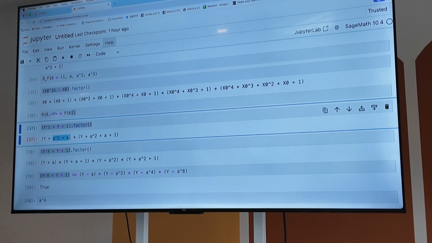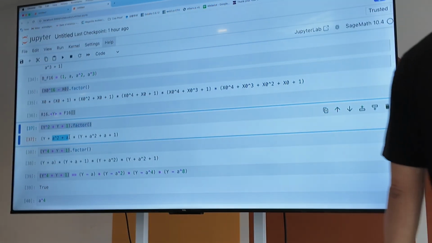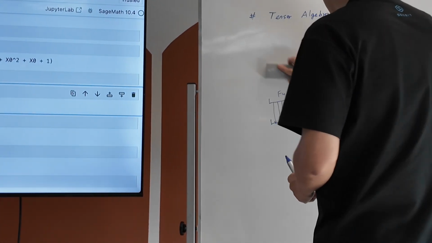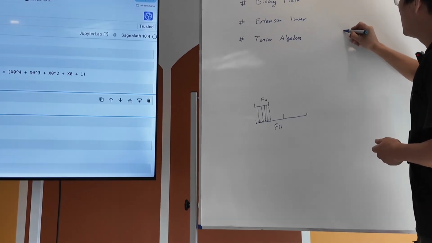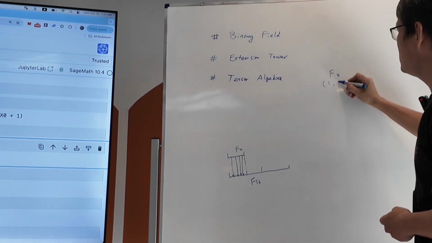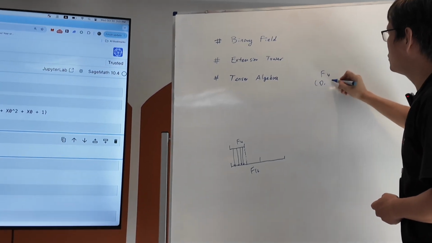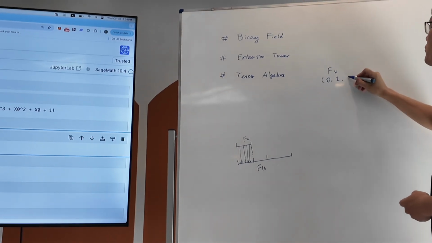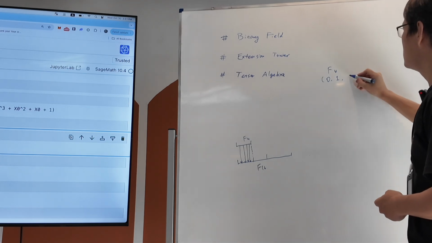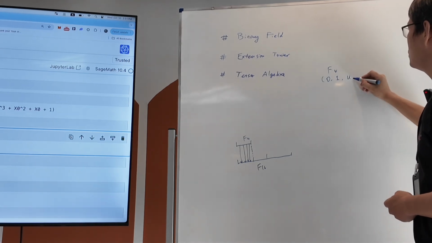Okay, let me write on the whiteboard. Here we map F4. We have 0, 1, and let me use U and U plus 1.